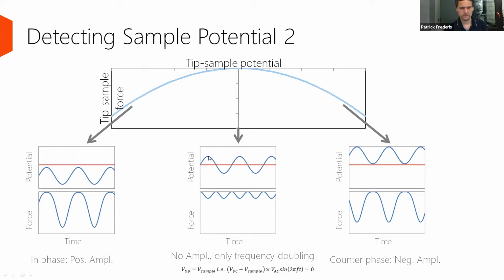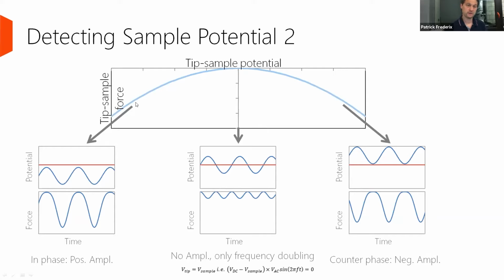But if the tip voltage is higher or lower, you get an attractive force. And what you see here is I only have the two times the frequency component left. This signal at the bottom oscillates two times, while the applied voltage only oscillates a single time.